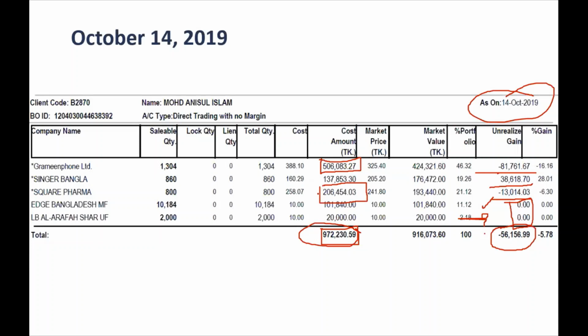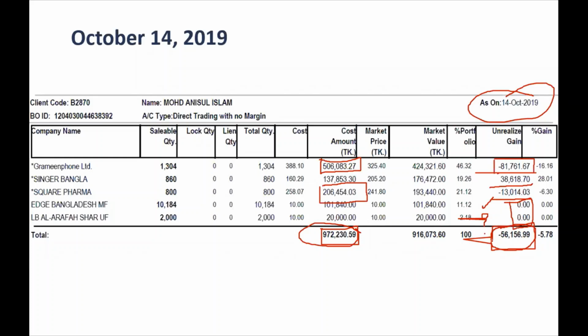As Grameen Phone caused huge losses for me, it's around 16.16% based on my investment in Grameen Phone. So the contribution of loss from Grameen Phone is significant in my portfolio loss. Is it true? Yes, sir.